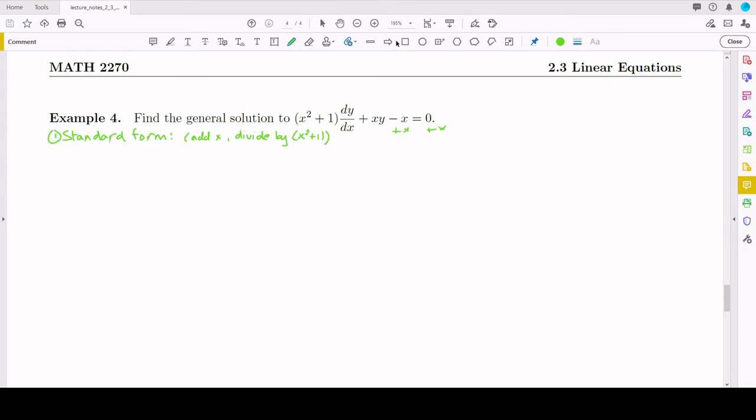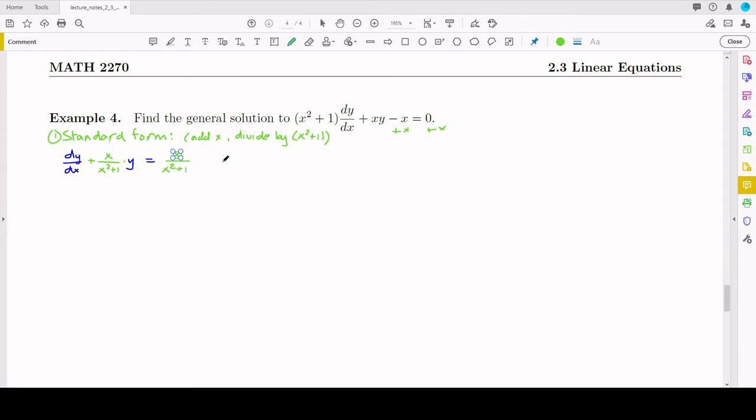So what we then get is that our differential equation now looks as follows. dy/dx, and then this x gets divided by x squared plus 1, so then we have plus x over x squared plus 1 times y, and then that equals x over x squared plus 1.